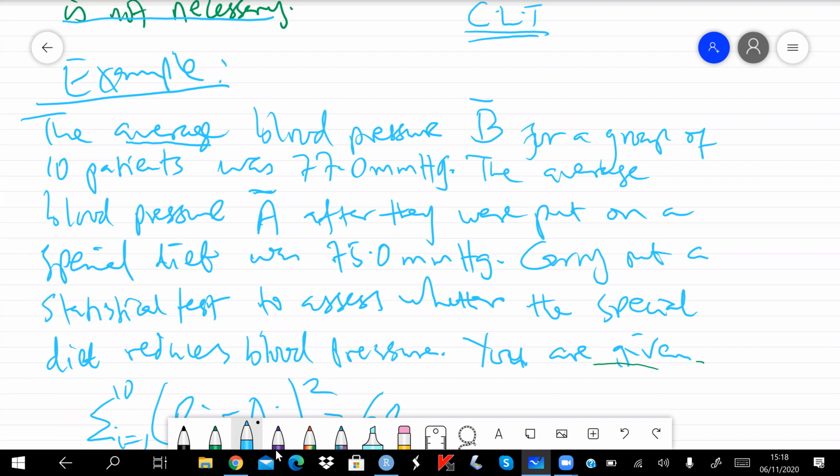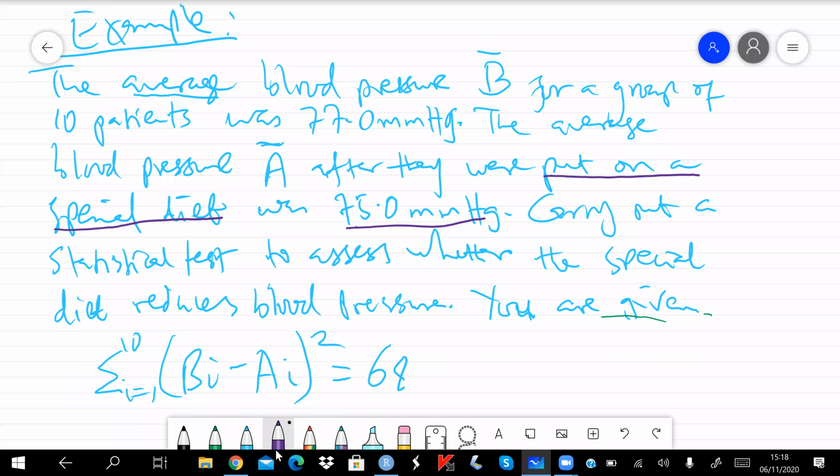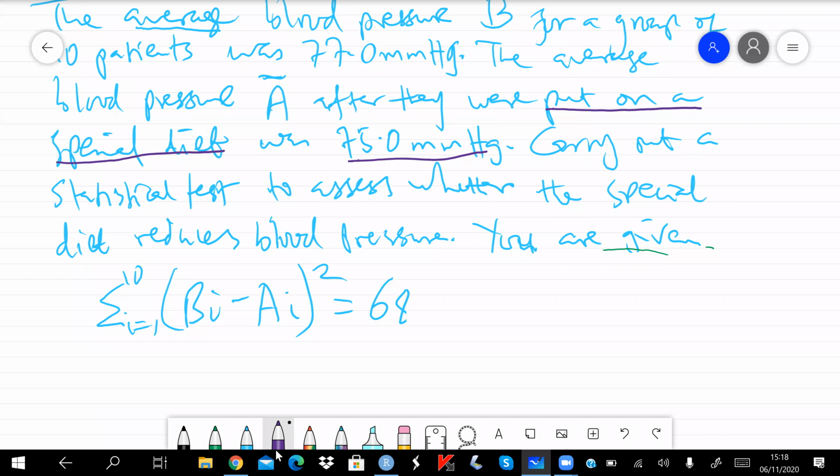And then the average blood pressure, A bar, after they were put on a special diet, so you see there's some treatment in between the measurements, was 75 units. You're asked to carry out a statistical test to assess whether the special diet reduces blood pressure. And you are given this information: the summation of Bi minus Ai squared for the 10 individuals is 68.